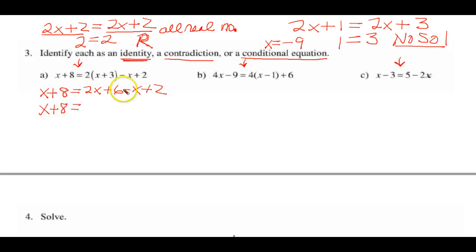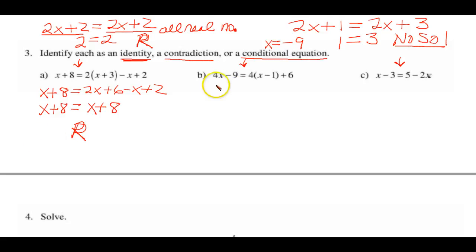Now I have 2x minus x, so that just gives me an x. And then I have 6 plus 2, that gives me an 8. So what do I have here? I have an identity. So the solution to an identity is all real numbers.